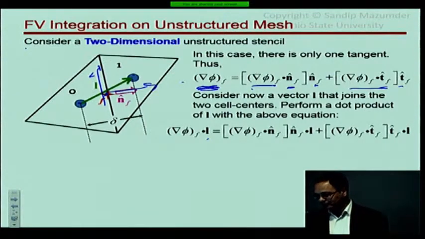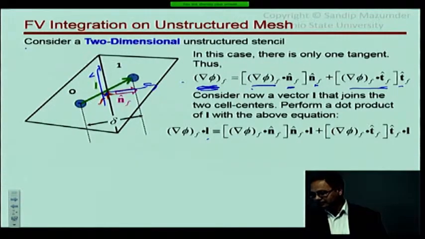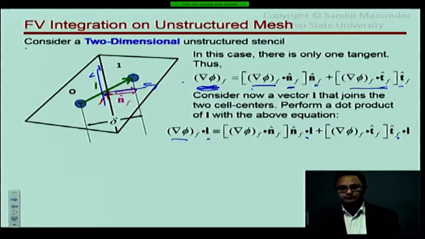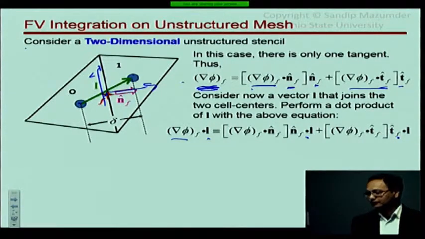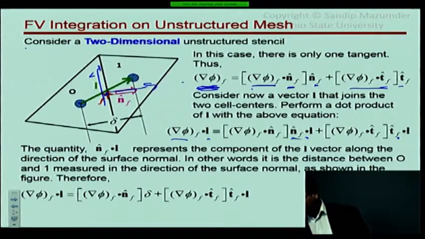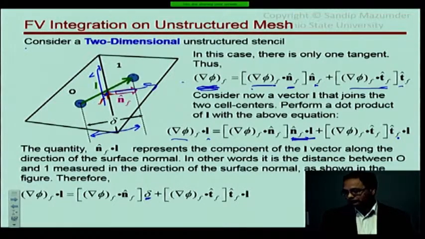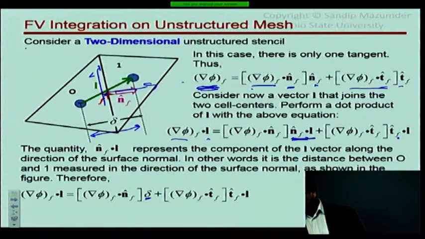I'm going to dot it with the L vector, on both sides. n_f dot L is what we called delta earlier on. Remember, this is something we pre-processed and stored. That shows up here, so we're going to replace that by delta. The second term we are going to just leave as is for now.